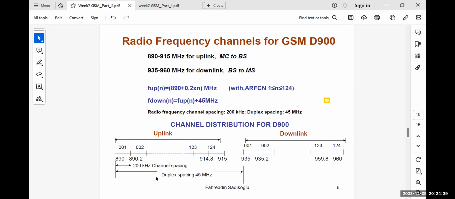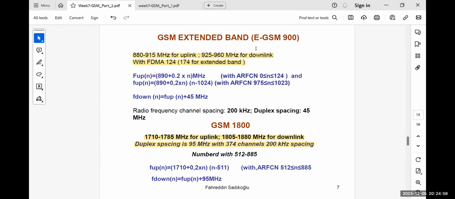For example, the call going from your side to the base station and the call coming from the base station to your side are obviously operating at different frequencies. Similarly, if you are assigned some other ARFCN, you would be using a different uplink and downlink frequency. For the GSM 900 extended band, we have 880 to 915 megahertz for the uplink and 925 to 960 megahertz for the downlink.